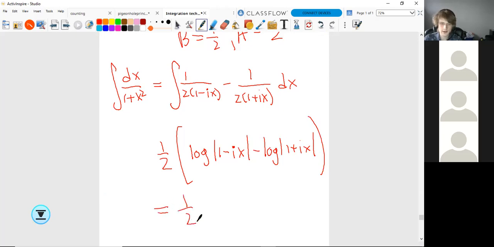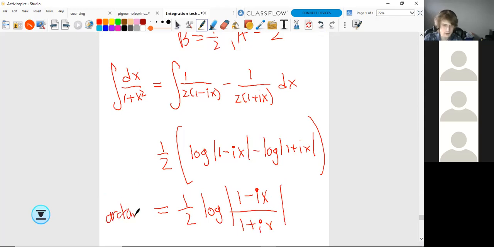So we get 1/2 log of the absolute value of 1 minus ix over 1 plus ix, which is another definition of arctan that we could use.